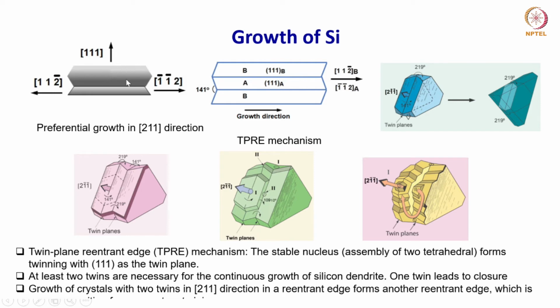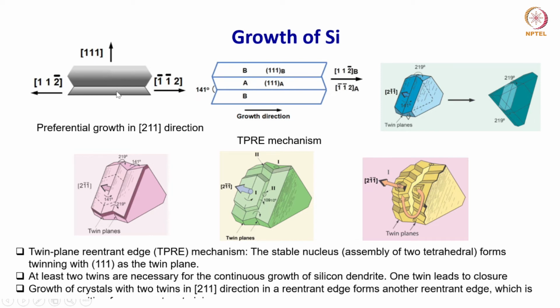Twinning is a kind of crystal defect, or a mechanism of deformation in metals, which leads to formation of a plane across which the lattice becomes a mirror image of each other. So on either side of this twinning plane, the lattice, in terms of the atomic arrangement, is a mirror image of each other.